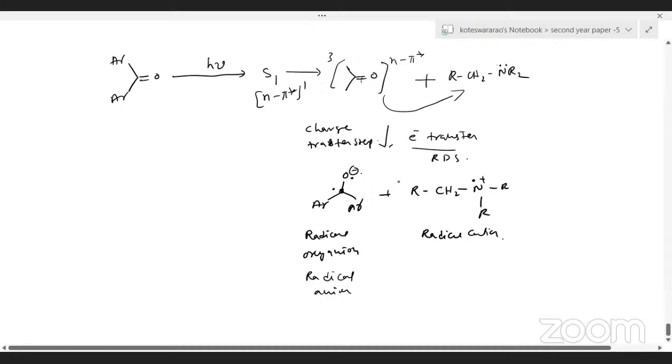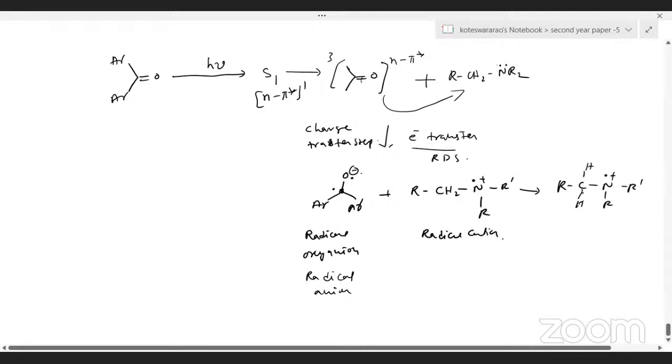Now, in the next step, what is happening? This excited state, to get stability, look here: it is not that homolytic cleavage takes place.